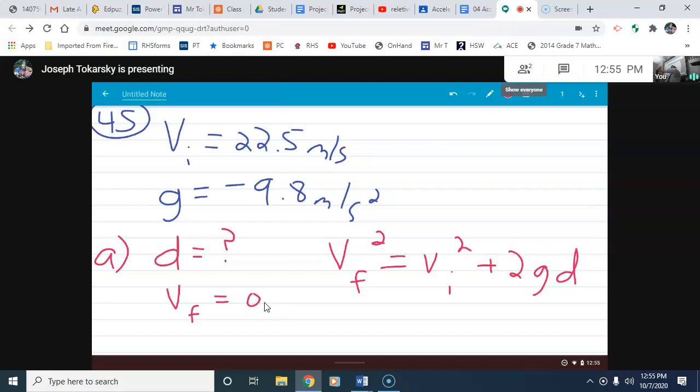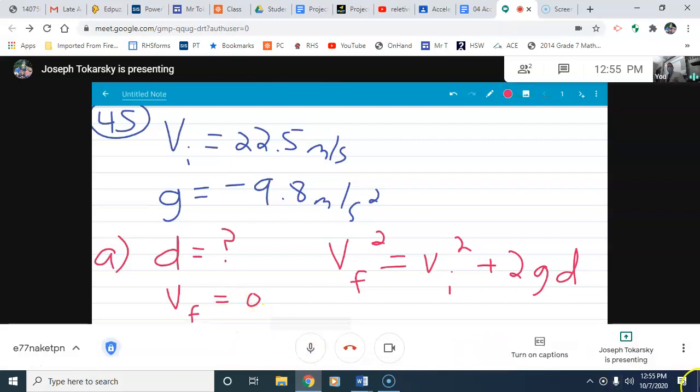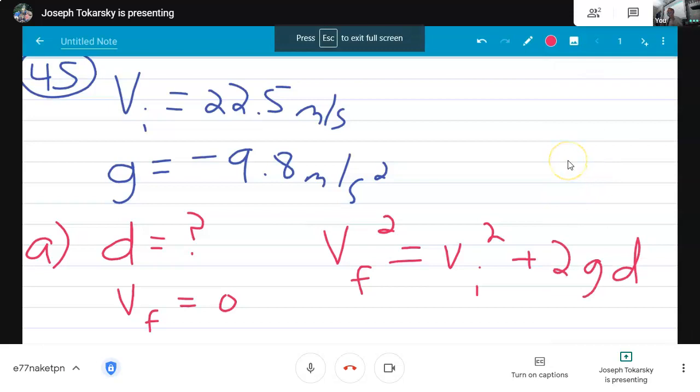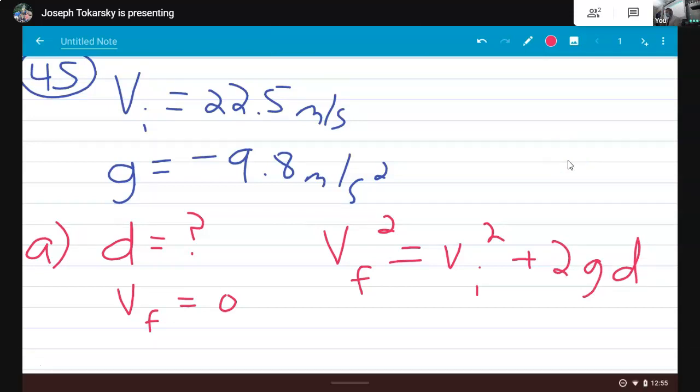It is slowing down towards there, but it's some non-zero number. And then once it starts falling down, you have non-zero negative numbers, right? So by plugging in VF equals 0, we just got to realize that we're essentially telling the equation to solve for the maximum height it could reach, because that's the only place that happens.